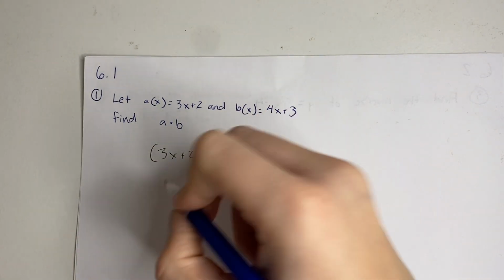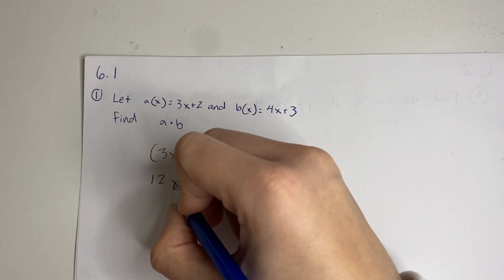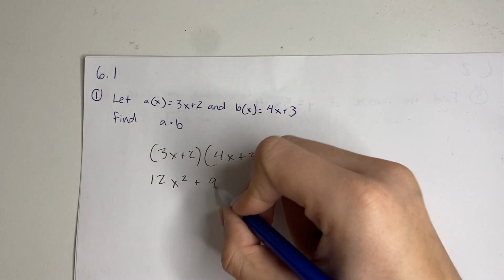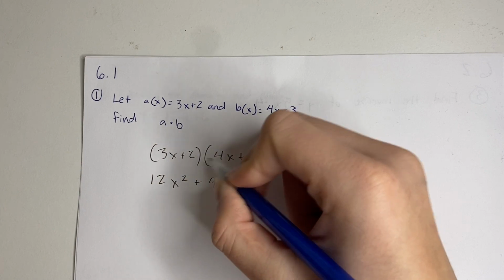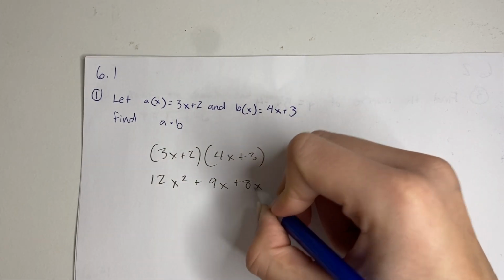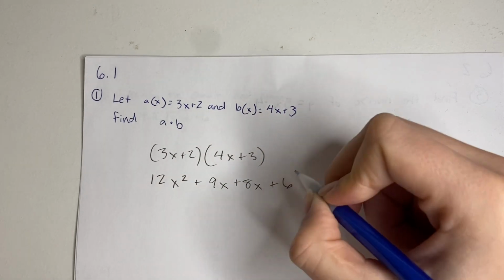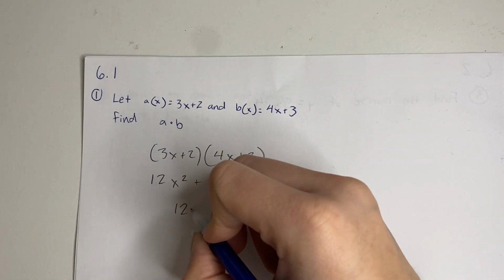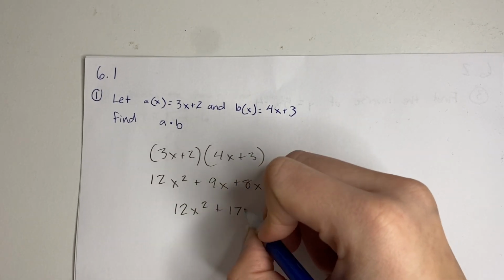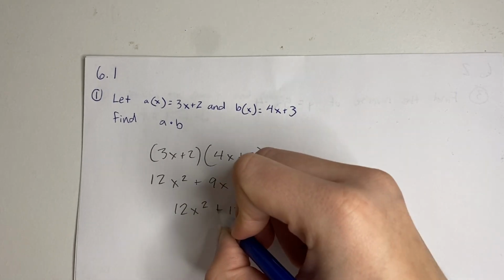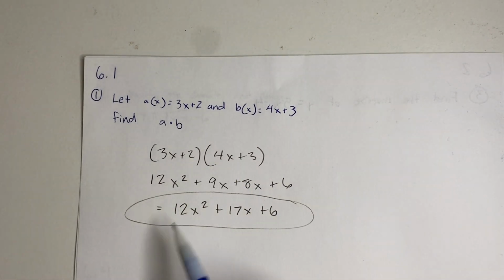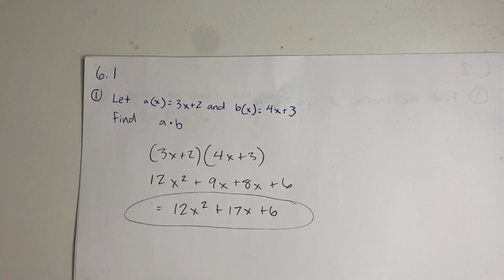So 3x times 4x is 12x squared. 3x times 3 is 9x. 2 times 4x is 8x, and 2 times 3 is 6. And you can add that together. 12x squared plus 9x plus 8x is 17x plus 6, giving you your final answer of 12x squared plus 17x plus 6.